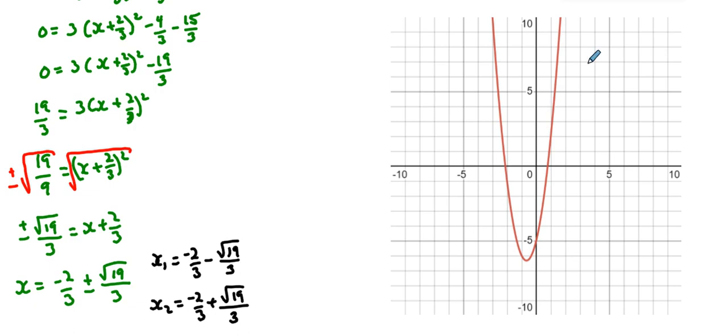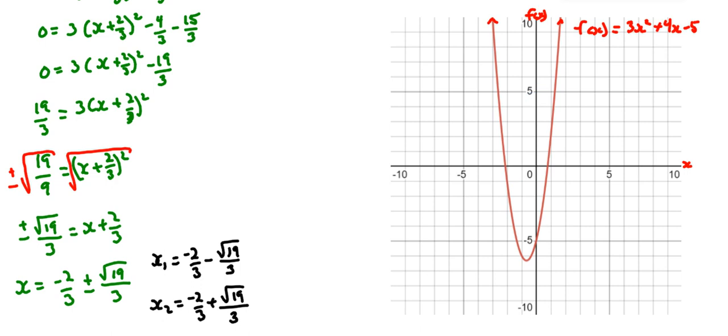Hopping back over to our work here, we can see that if this was the function f(x) represented by 3x squared plus 4x minus 5, which is what we solved originally, then we have our f(x) axis and our x axis, and we can see that we now have an axis of symmetry.